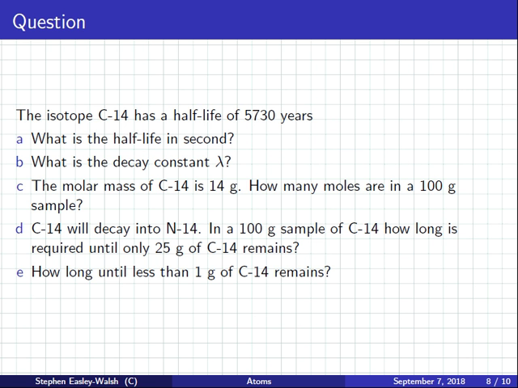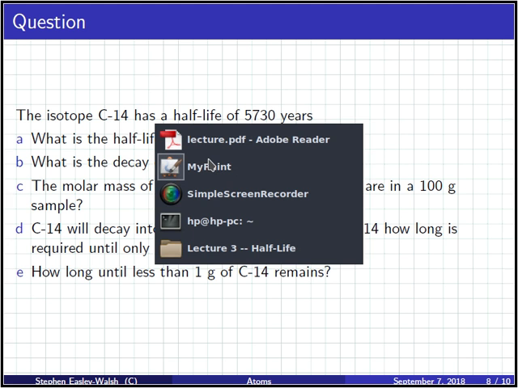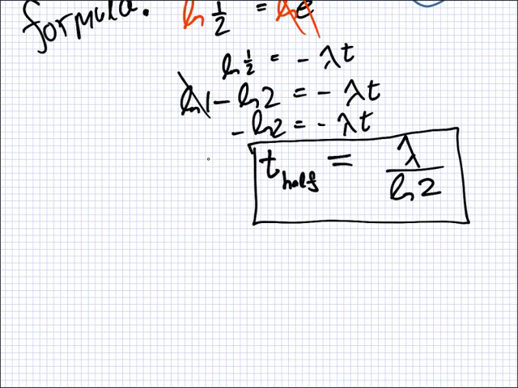The first question, I think, is no problem for you. Can you change this into seconds? Because we should use seconds. Big number, isn't it?